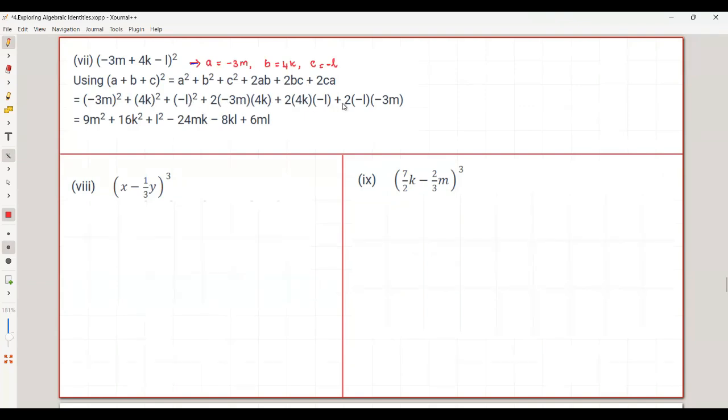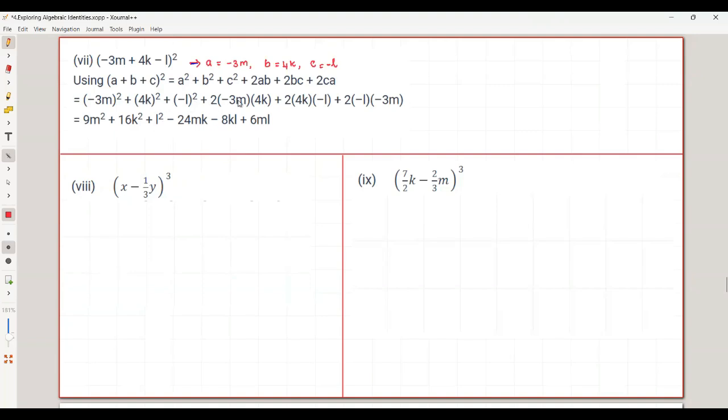2ab, 2bc, 2ca. Now we can expand. Minus 3 the whole square is 9, m square is m square; 4 square is 16, k square; minus l the whole square will become plus l square.